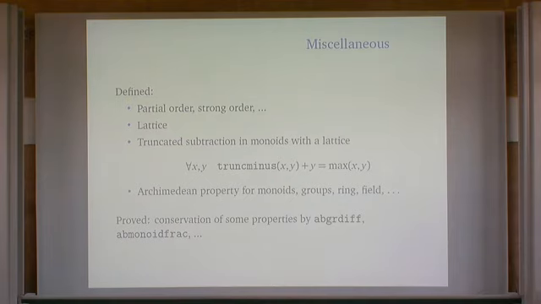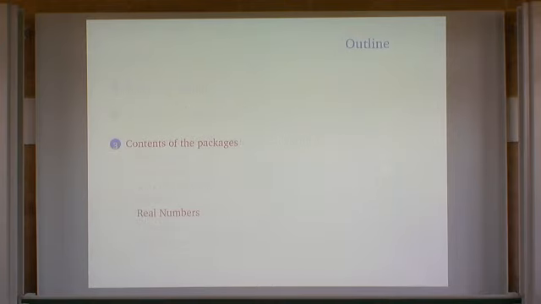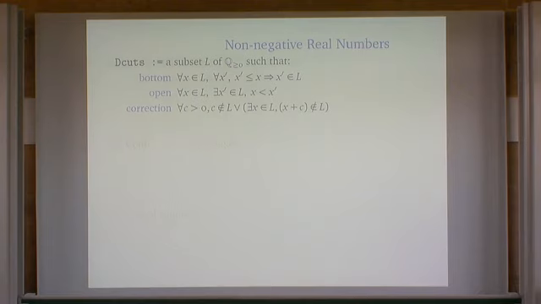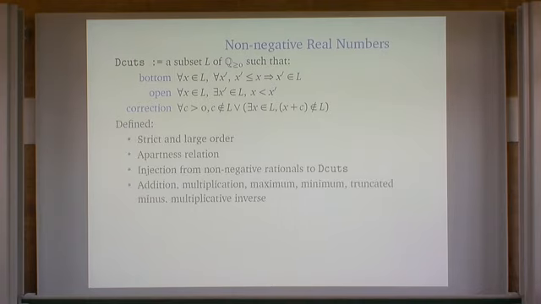And we will see an example with real numbers, because real numbers are first defined by a set of non-negative real numbers for which there is a strict and a large order, an injection from non-negative rationals to Dedekind cuts, which gives us a 0 and a 1 element.